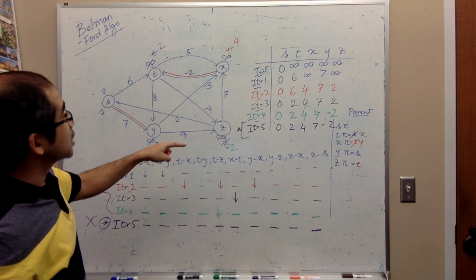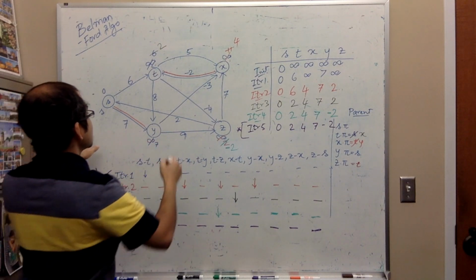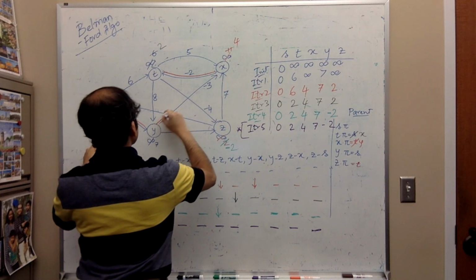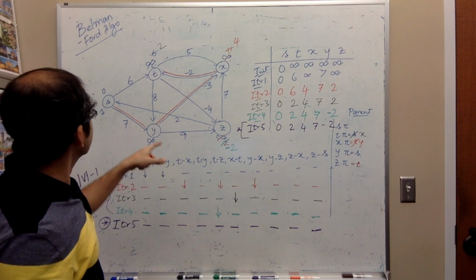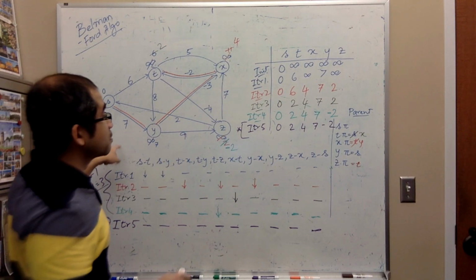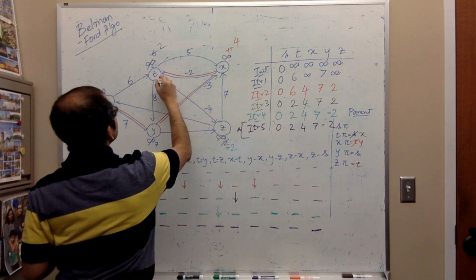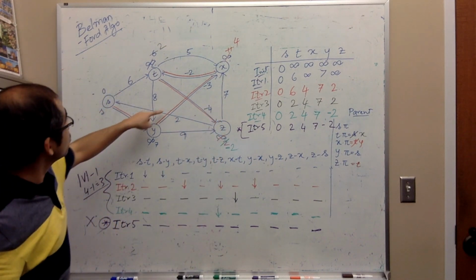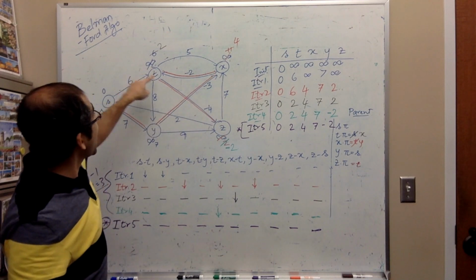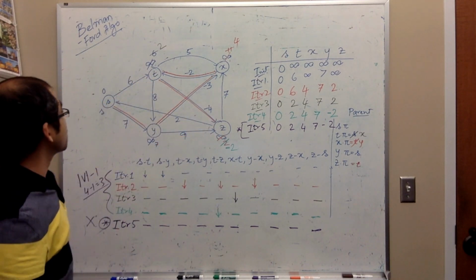Y's parent is S, so this is the path. Then X's parent is Y, so this is the edge which made it maximally relaxed. Y's parent is S, we already did that. Z's parent is T, so this is it. These red ones show which path you have to follow to get the shortest path tree.